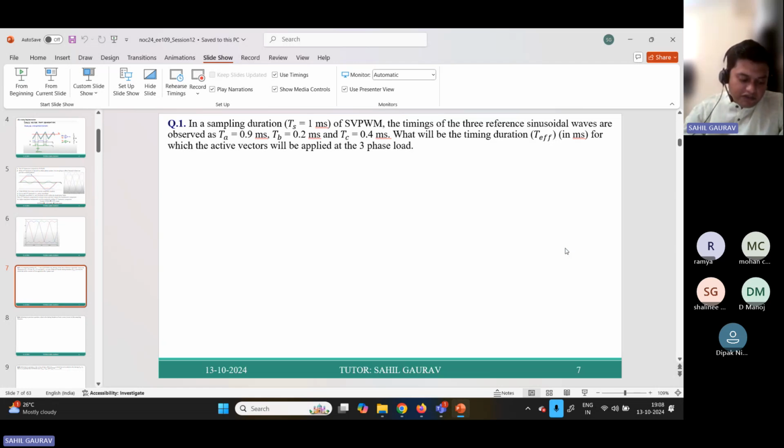So we have seen the equations in the first slide, so we will use that equation.